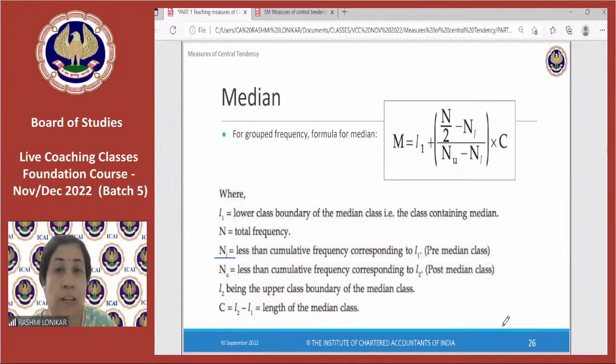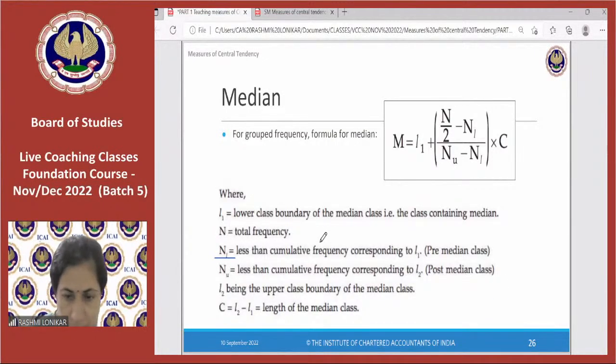When I'm finding median, I want to find the centermost value of the observations. So how do I find the centermost value? Suppose I have 50 observations, then I will use n by 2, that is 50 by 2, that is 25. So n by 2 is important when we are finding median. So these are the things that I must do, and then I will go to this formula.